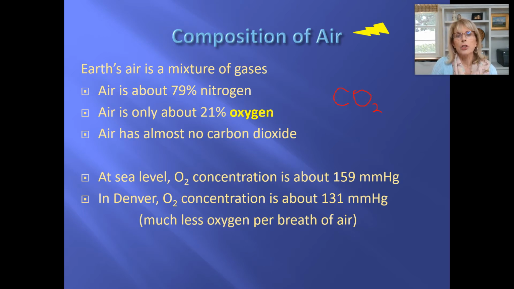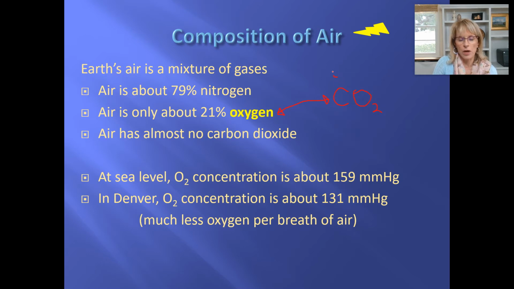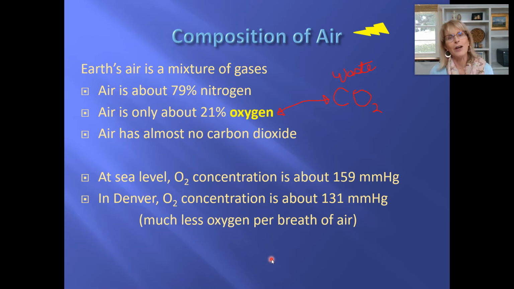When your cells use oxygen, they will make carbon dioxide. Carbon dioxide is the waste product from the way mitochondria use oxygen and glucose in order to make ATP molecules that are the energy molecules for all of your cells, right?